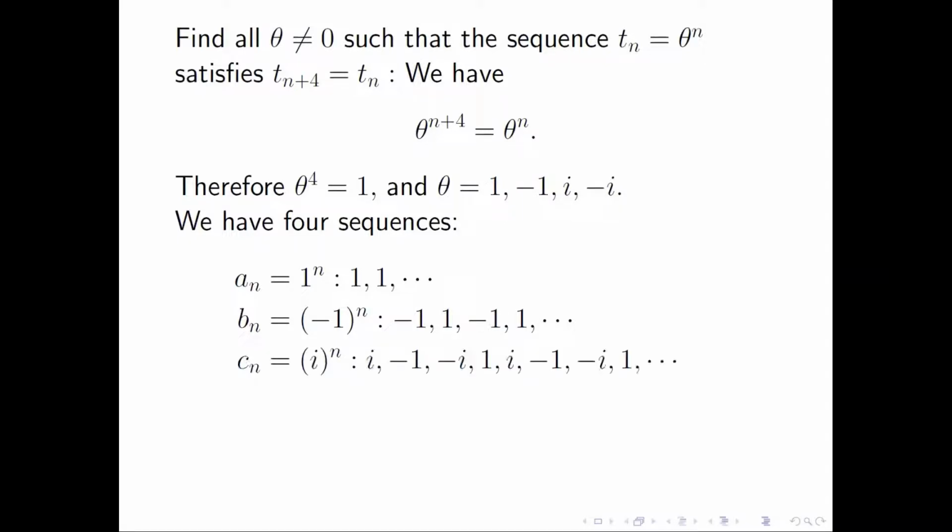The third sequence, c_n, is i to the power n: i, -1, -i, 1, and then back to i, and so on. It repeats every 4 numbers. The last one, d_n, is (-i) to the power n: -i, -1, i, 1, and so on.